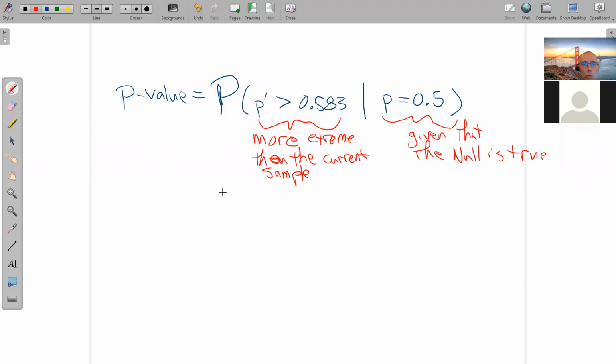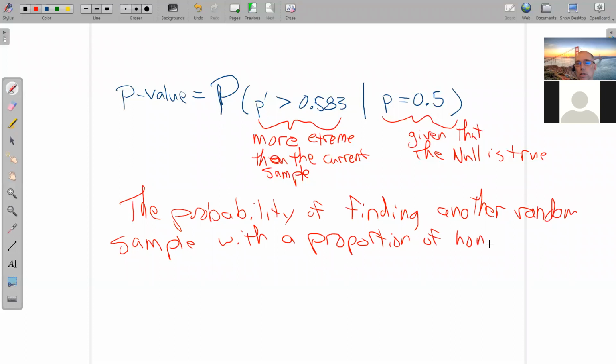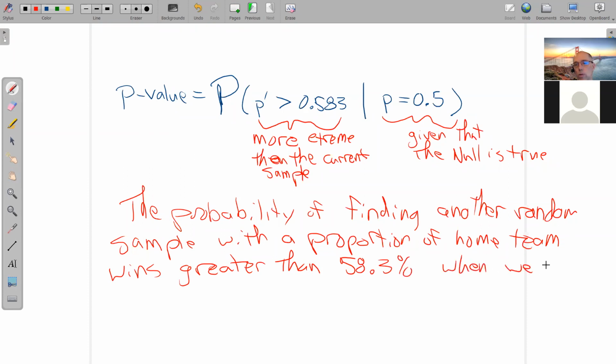Okay. So in words, this p-value is the probability of finding another random sample with a proportion of home team wins greater than that 58.3% when we were expecting the null.